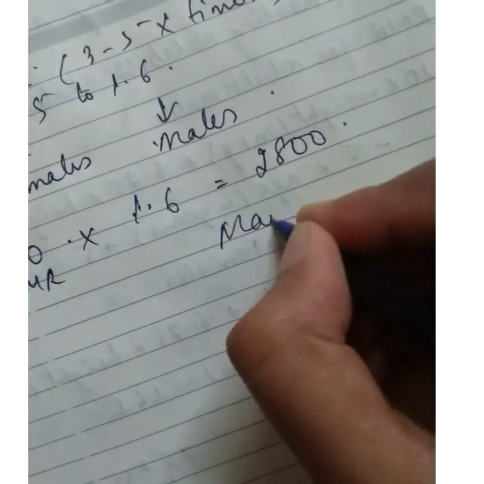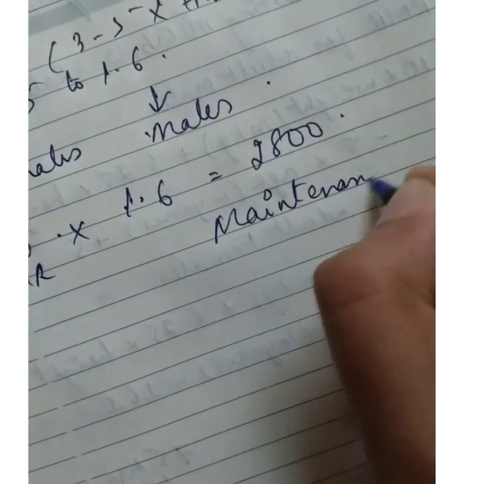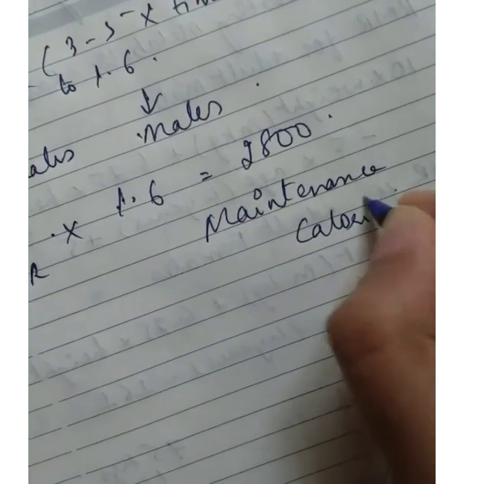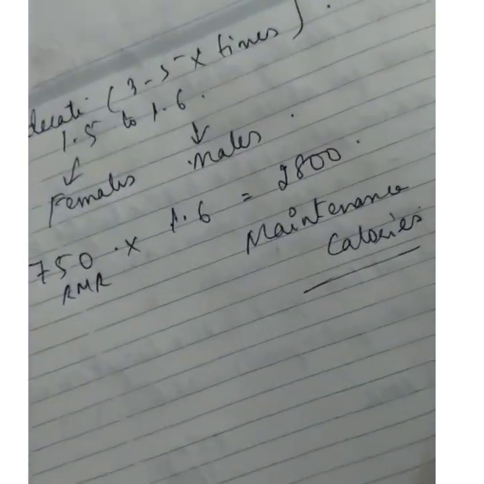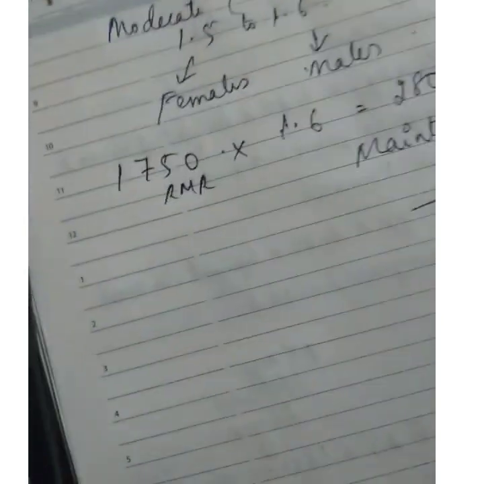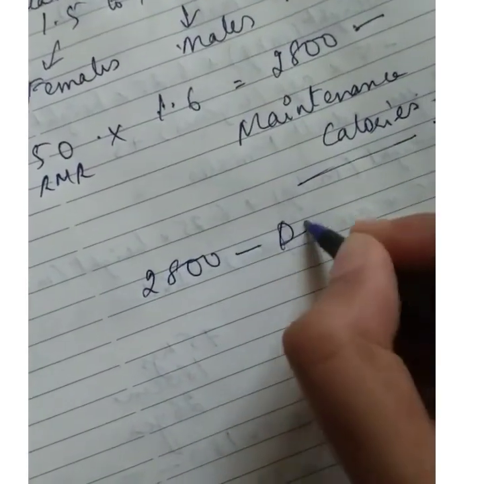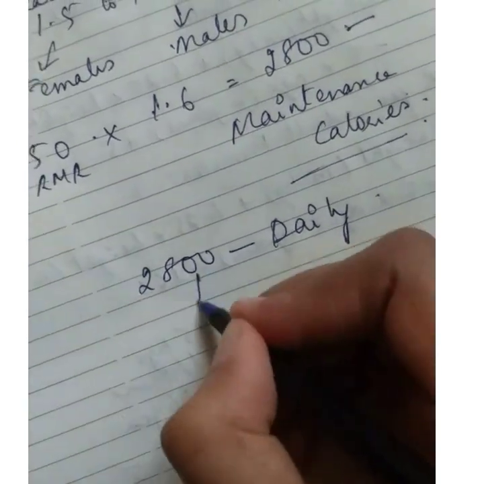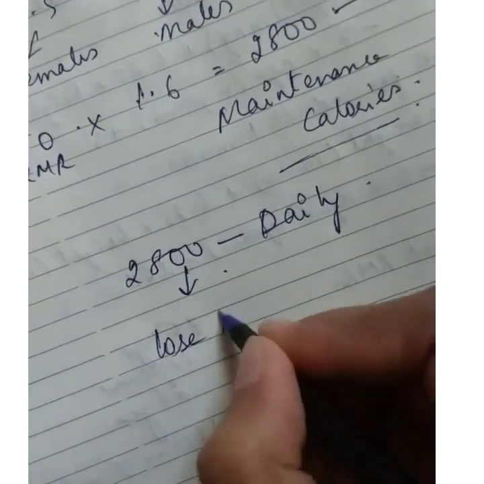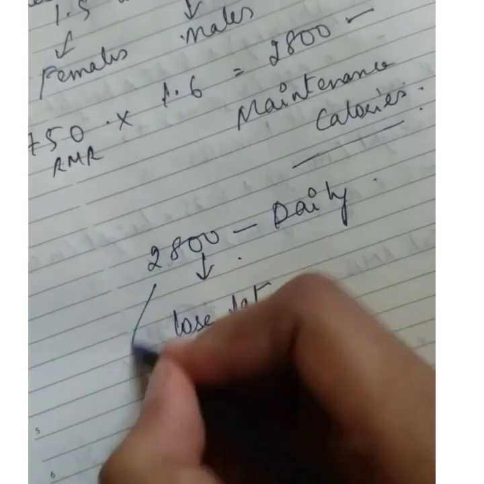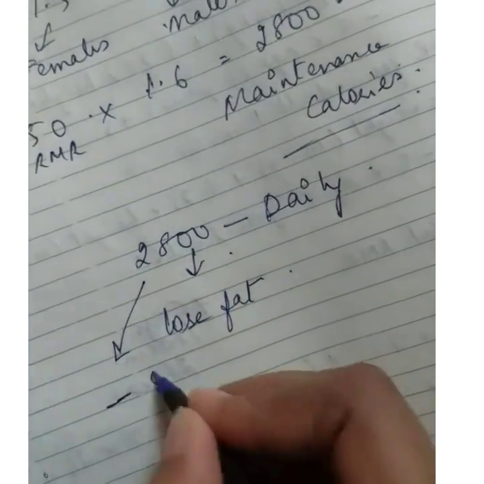This is the maintenance calories of that particular person. Okay, 2800. Now the person should consume this amount of calories daily. If this person wants to lose fat, we need to deduct 500 daily so that he can lose his fat.